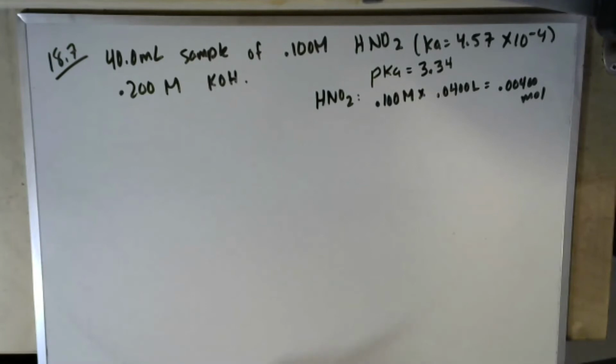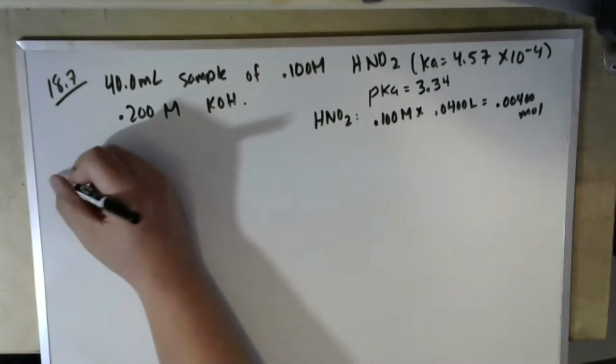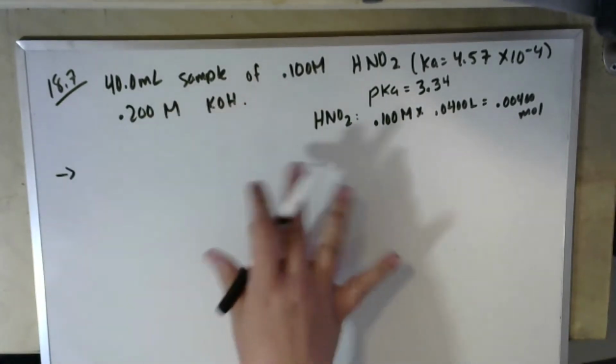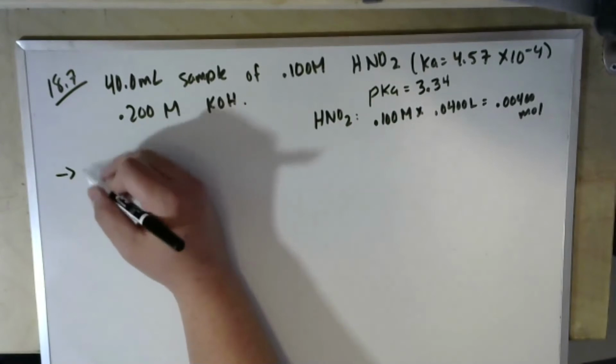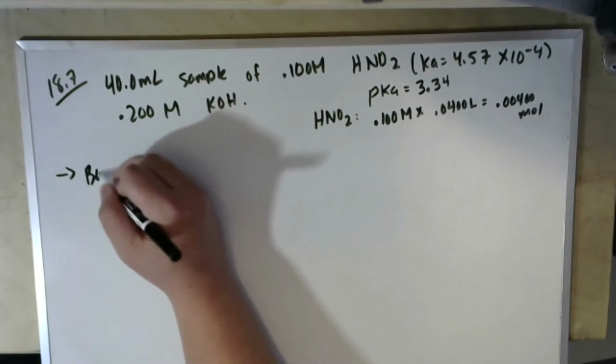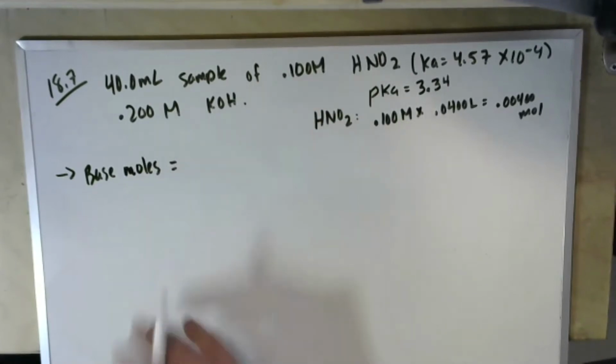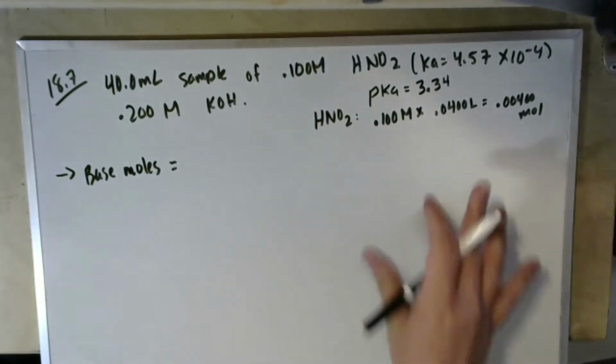The definition of 1/2 equivalence point is the point in your titration, in this titration anyway, where the amount of base that you add is going to be 1/2 the initial amount of the acid.